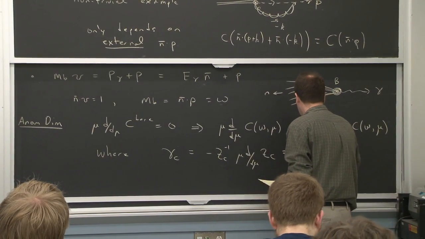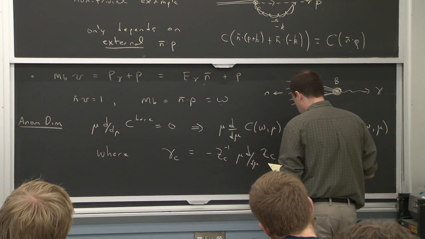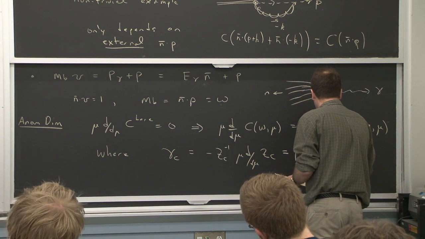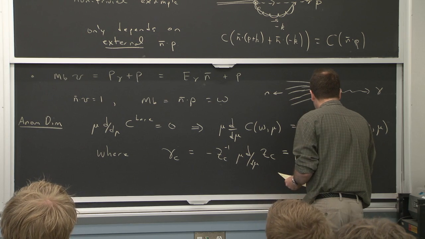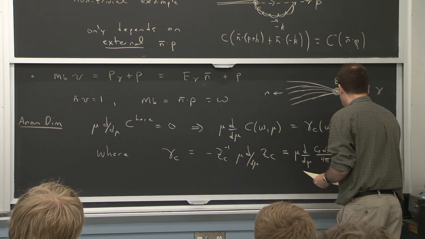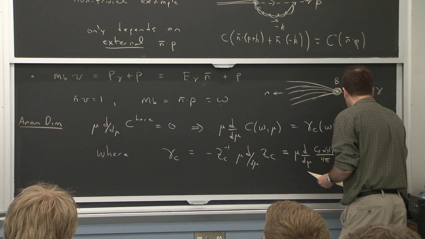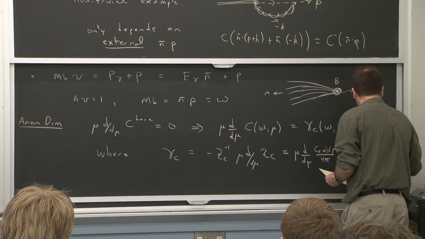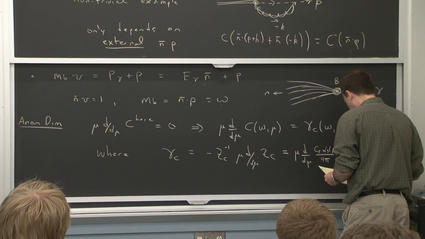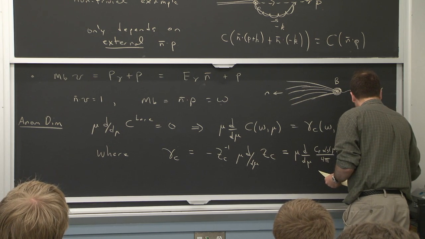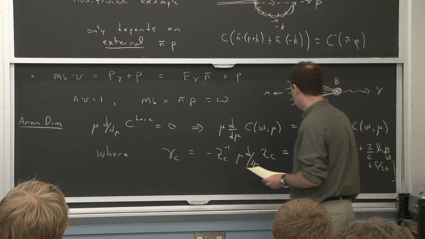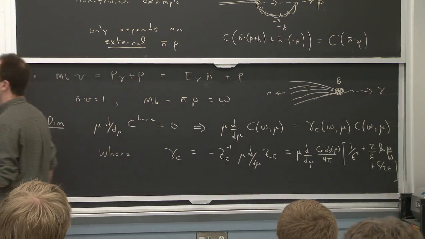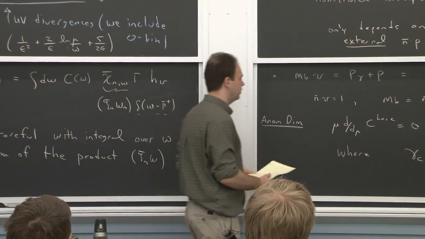So let me write it out. Okay, so the minus sign canceled the minus sign. The Z_C inverse is just 1.